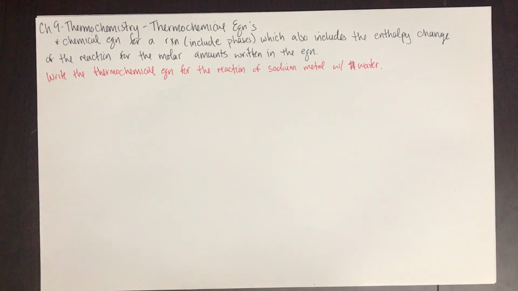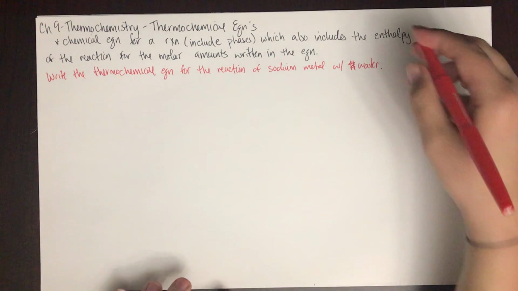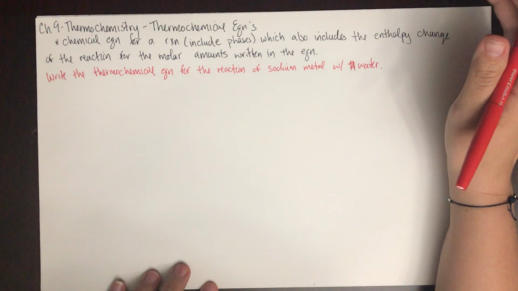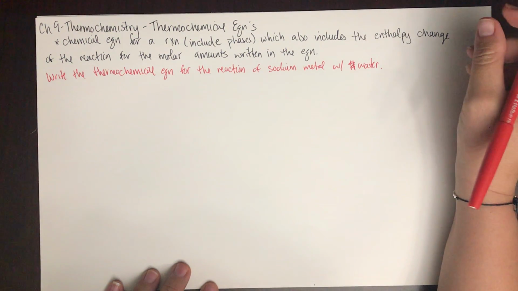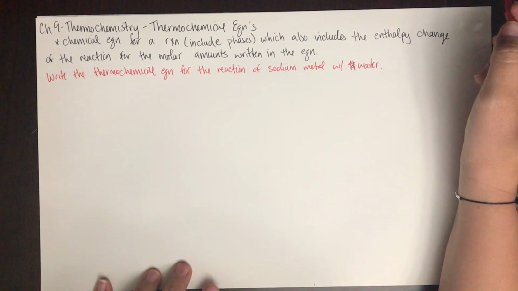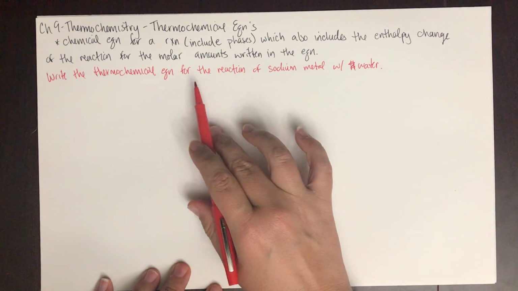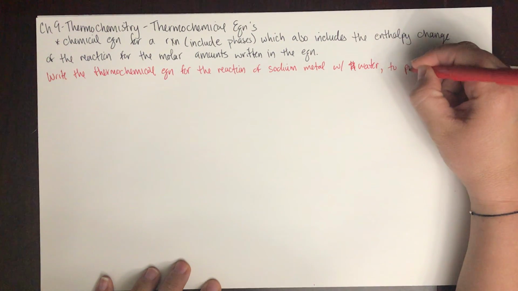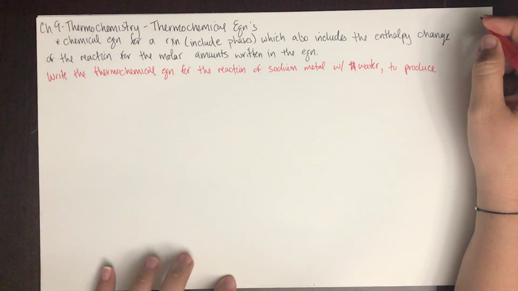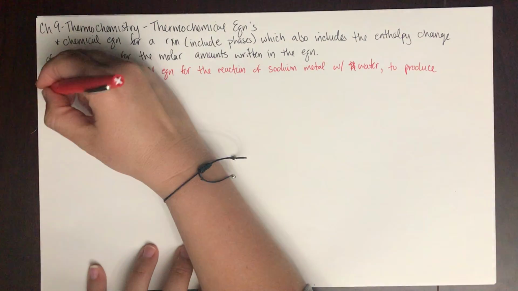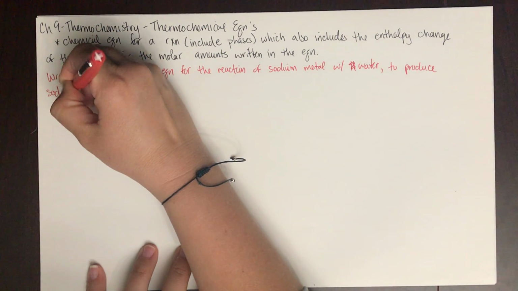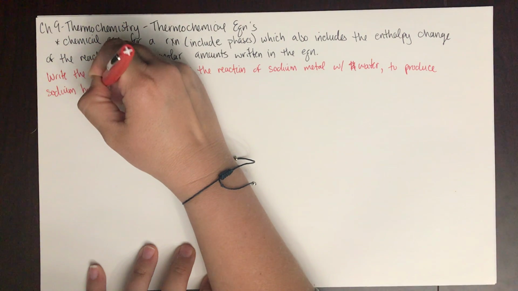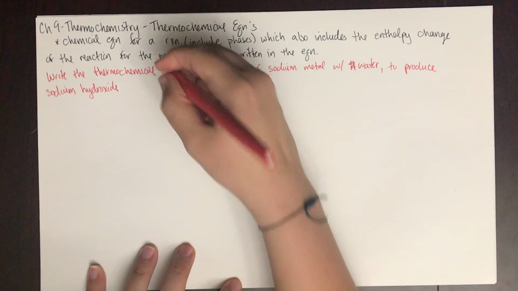I'll go ahead and tell you what the products are, because this is kind of a hard one. I wouldn't expect you to be able to predict the products from here. So write the thermochemical equation for the reaction of sodium metal with water to produce sodium hydroxide and hydrogen gas.